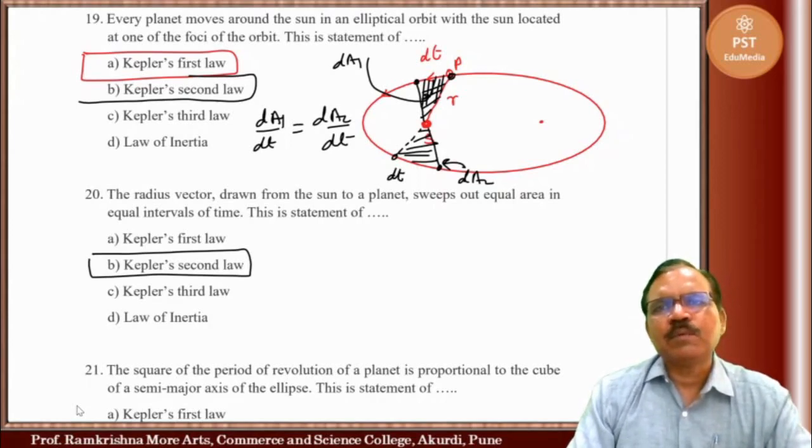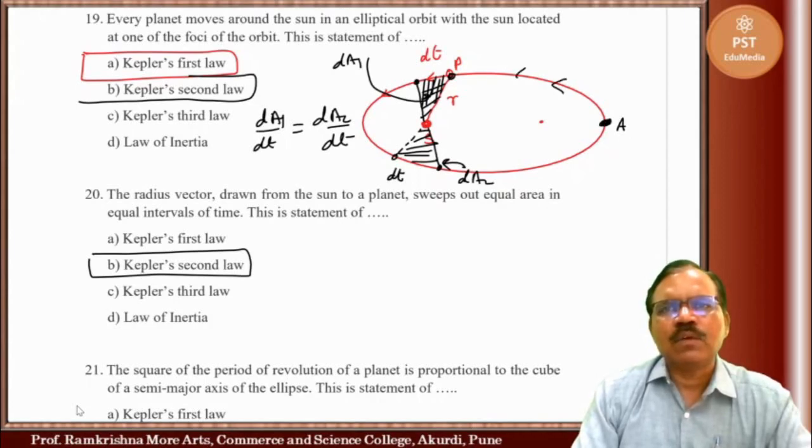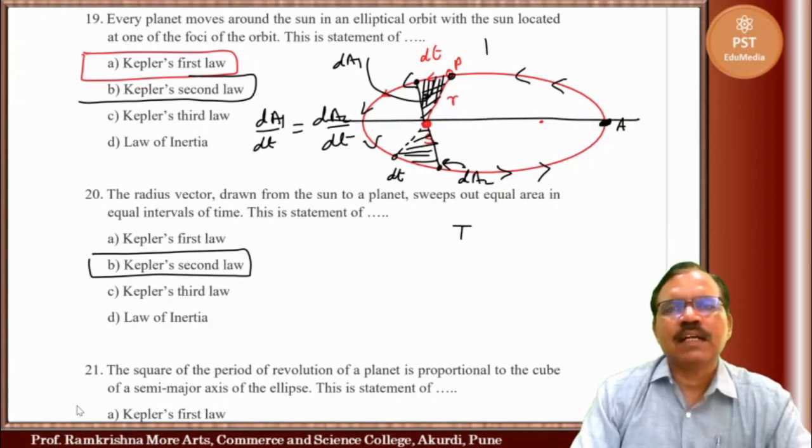Now suppose we start measuring time from this point A, the planet goes along this path, and suppose it takes time T for one complete revolution. If we give this an XYZ coordinate system, this is the semi major axis, this is the semi minor axis.